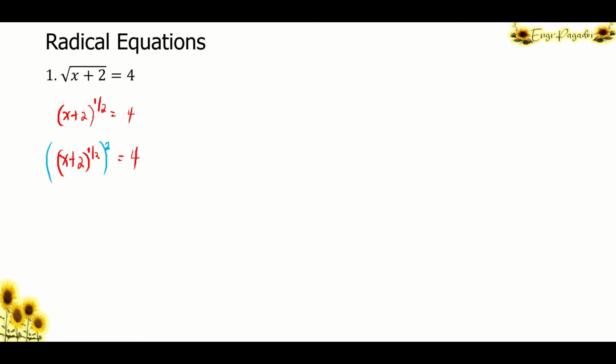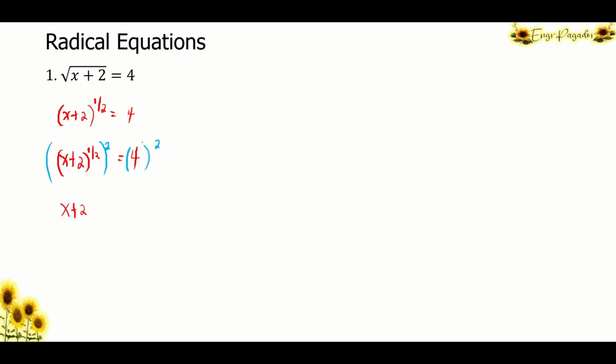And nawala na yung ating exponent. So this becomes x plus 2 raised to 1. And we all know na pwede natin siyang hindi na lang isulat. So, mangyayari dyan is this one. And of course, don't forget the basic rule in algebra again and again. Whatever you do on the other side, gawin mo din sa isa pang side.